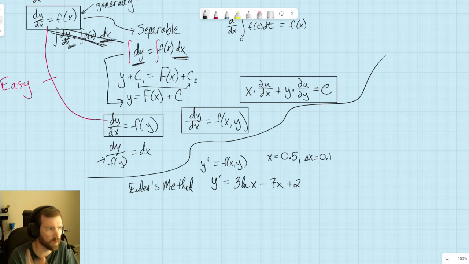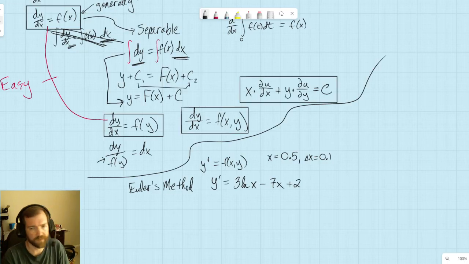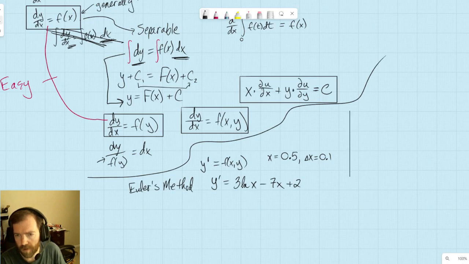So what you're going to do is make this into a split up here. This function, more or less, looks like this.